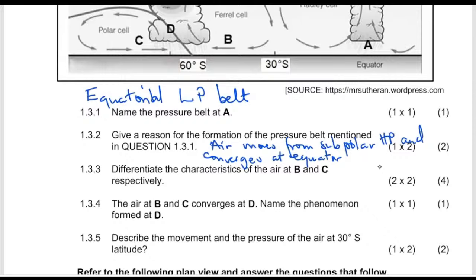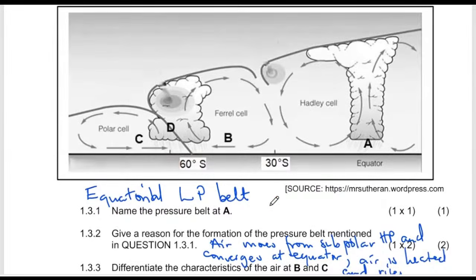And at the equator, remember, there are high temperatures there. Because of the high temperatures, the air is heated. Due to surplus insolation, there is more heat there. As the air is heated, it rises. We are seeing that there is a high pressure subpolar here.